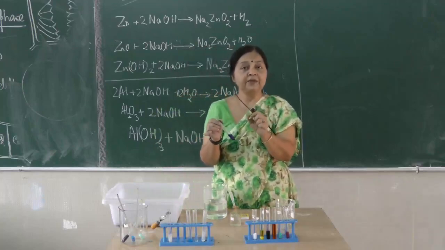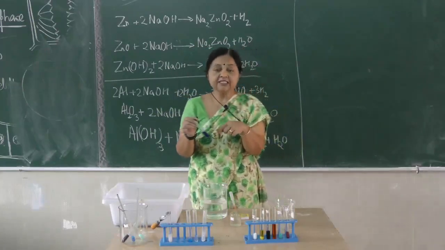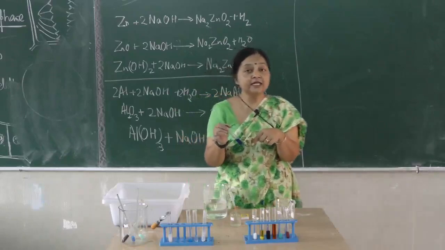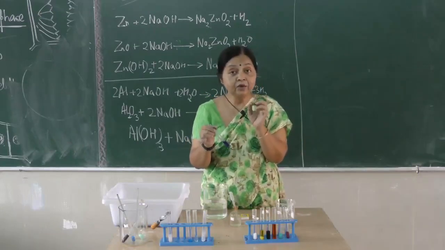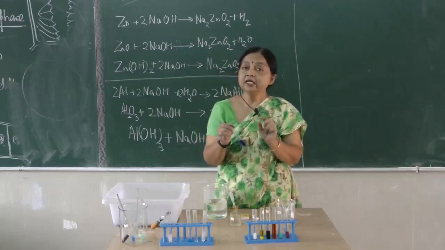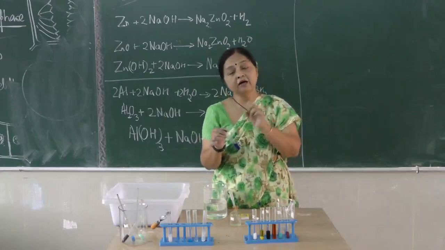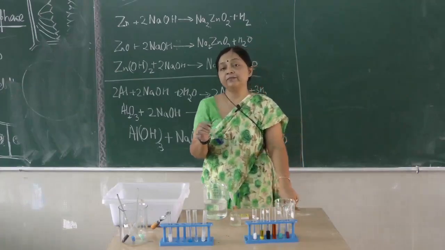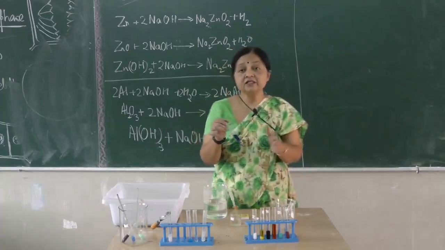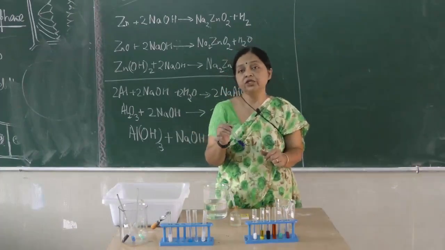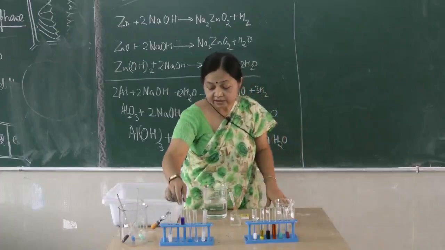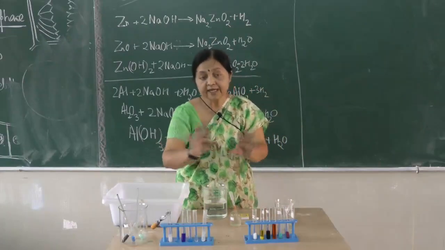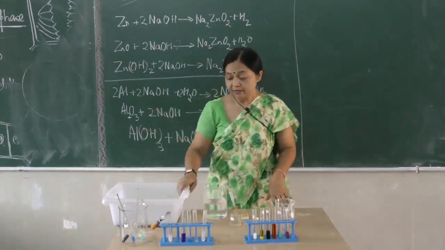Pale blue precipitate, and then when NH4OH is added in excess, inky blue solution is formed. Inky blue is equally important, and of course the word solution has to be there. So this is how analytical chemistry works.